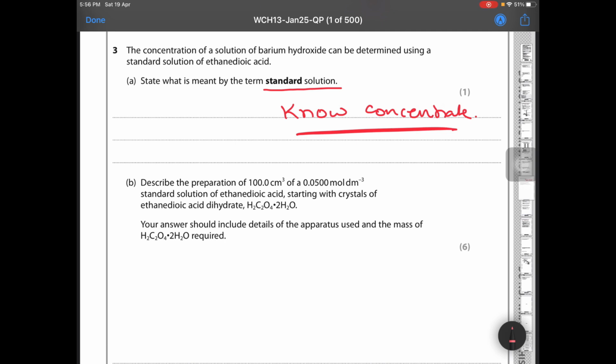If you want to make a standard solution of sodium chloride, you take 5 grams of sodium chloride and put it in the volumetric flask and add water up to the mark, and this is how you can make a standard solution. So that's what they are asking for 1 mark: a standard solution is a solution of known concentration.